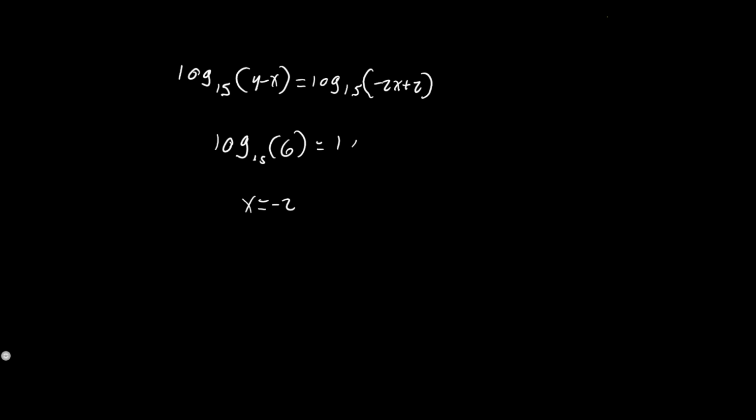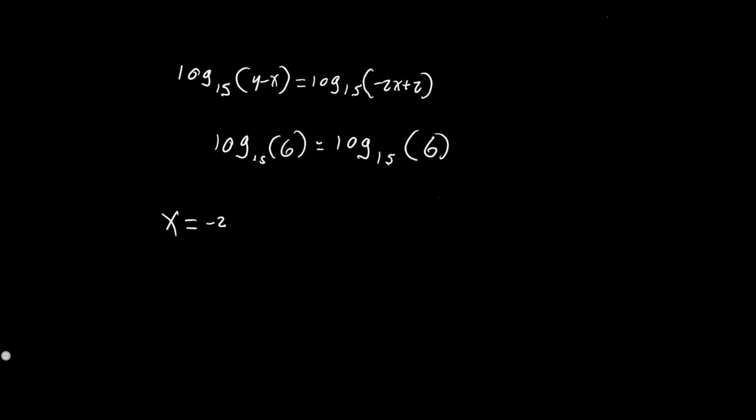And that equals log 15 of negative 2 times negative 2. That's 4 plus 2 is 6. So we get that x equals negative 2 is a solution, and our only solution to be exact.